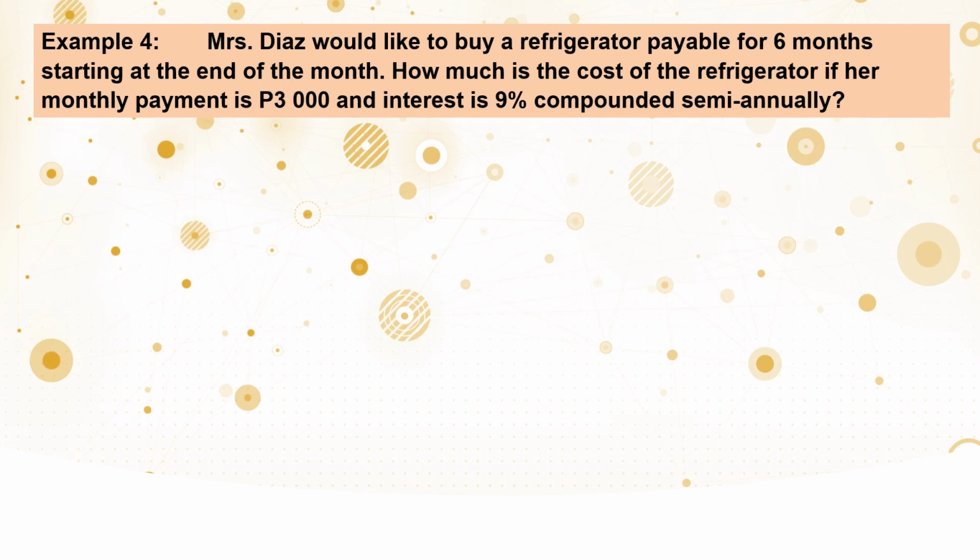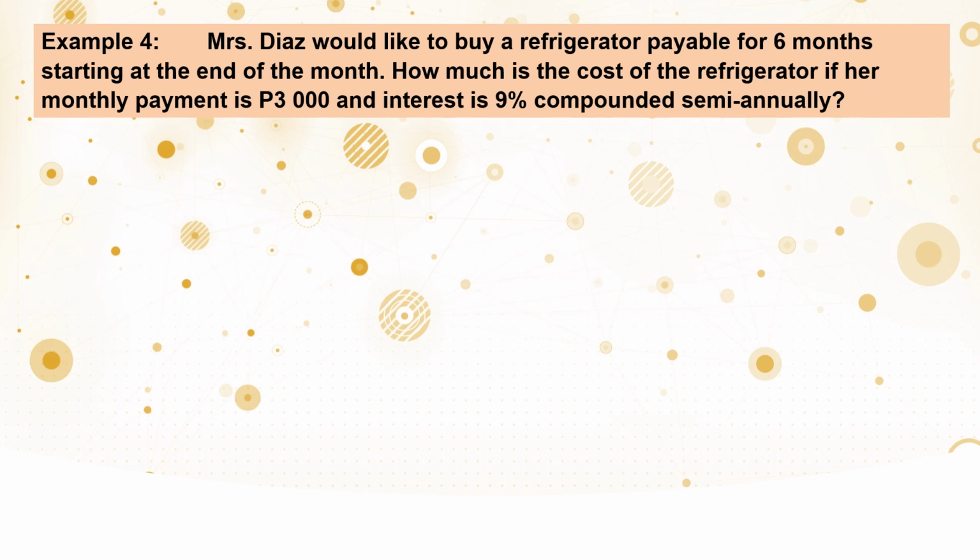Let's solve the last example. Mrs. Diaz would like to buy a refrigerator payable for 6 months, starting at the end of the month. How much is the cost of the refrigerator if her monthly payment is 3,000 pesos and interest is 9% compounded semi-annually?